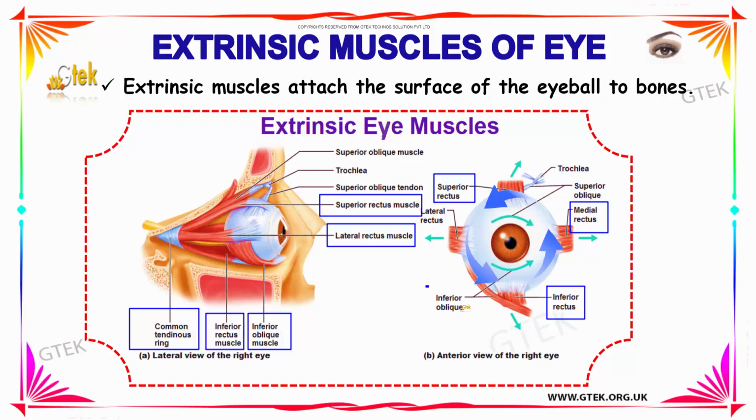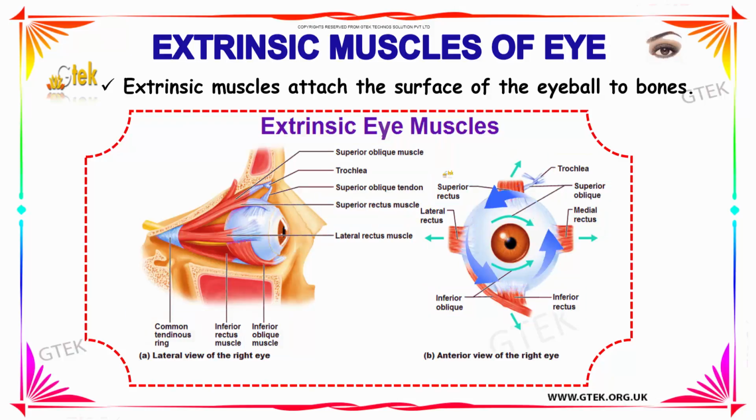Your inferior oblique muscle, as you can see, is connected over here. Your superior oblique muscle is over here. So these are the muscles, including your trochlea, which are extrinsic muscles that attach the surface of the eyeball to the bone, that is your skull.